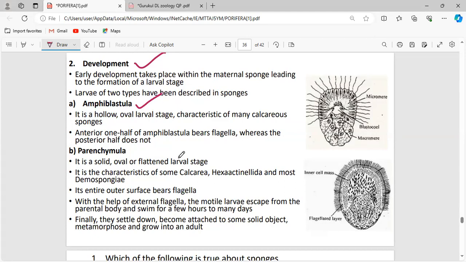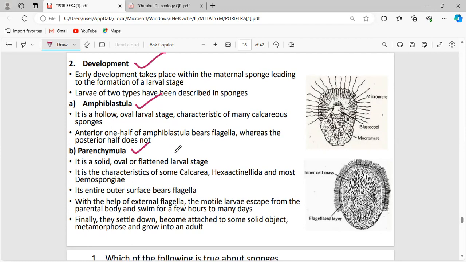And what are all the larval stages? See, larval stages are very crucial. Just make a note of it. Take your notebook and pen and write this. Amphiblastula and parenchymula are the larval stages of the sponges. Most important. There is no doubt they can ask the question.